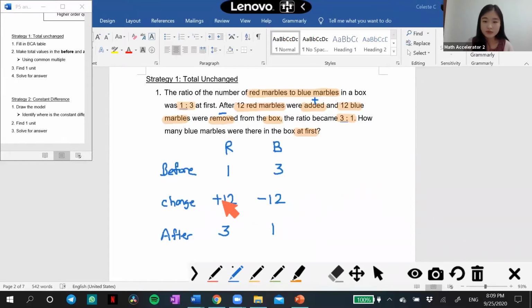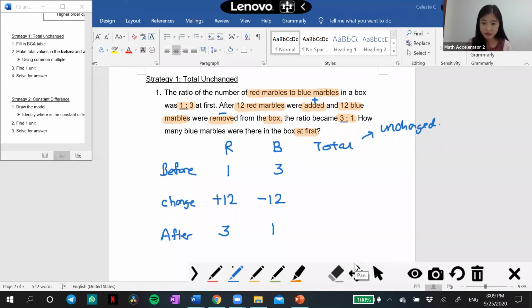Once you see that in this change row you are adding 12 and subtracting the same number, 12 again, what does this tell us? Our total should be unchanged, because you're adding the same number and subtracting the same number.